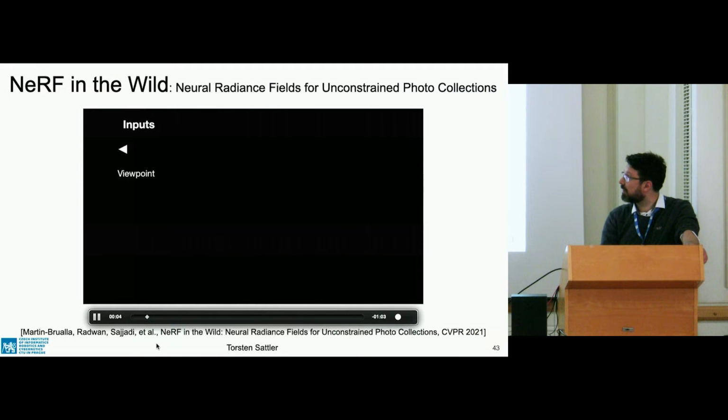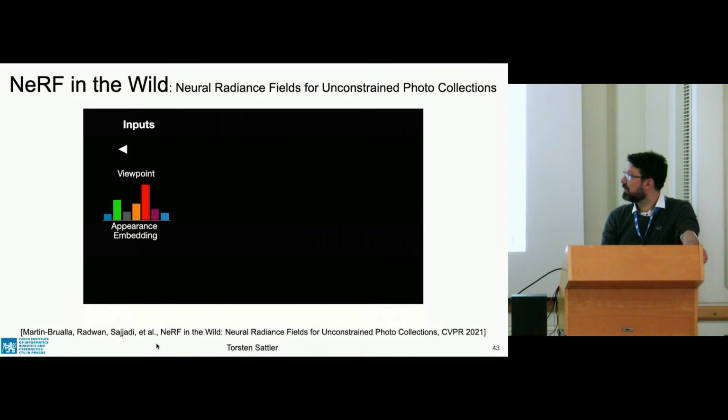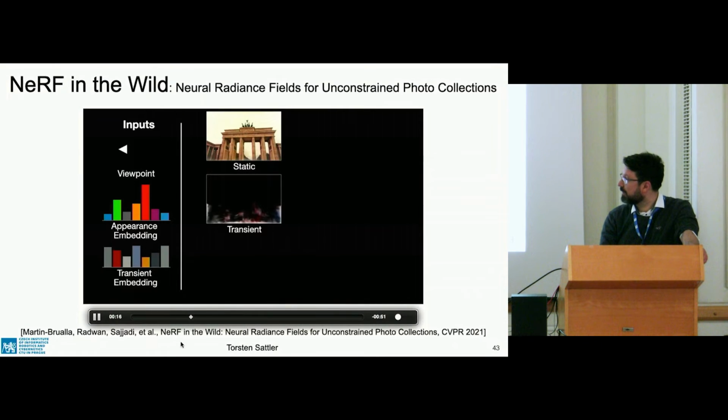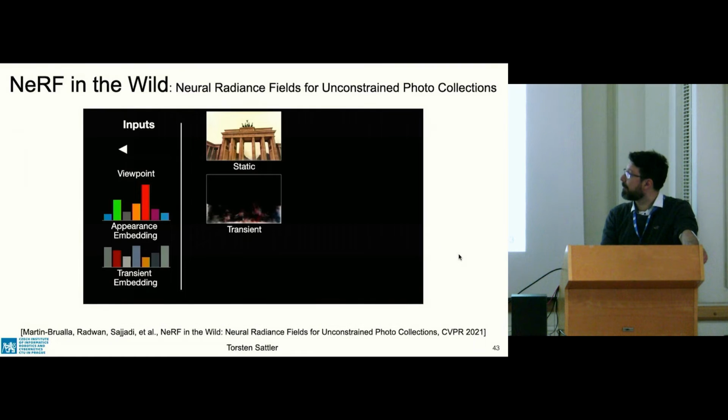So it looks something like this. Your inputs are the viewpoint. You have some appearance embedding that you learn, and based on this, you can render the static part of the scene. Then you have this transient embedding, and together with the viewpoint that allows you to predict colors for transient objects per image, not in the full scene.